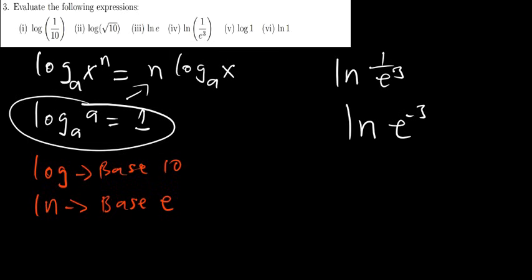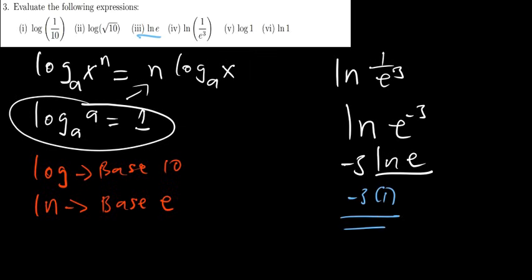The property of log allows us to shift the power to be in front. Ln e is the same as log base e of e, which is 1. So now negative 3 times 1 is negative 3. That becomes my answer. So that is the general idea behind this.